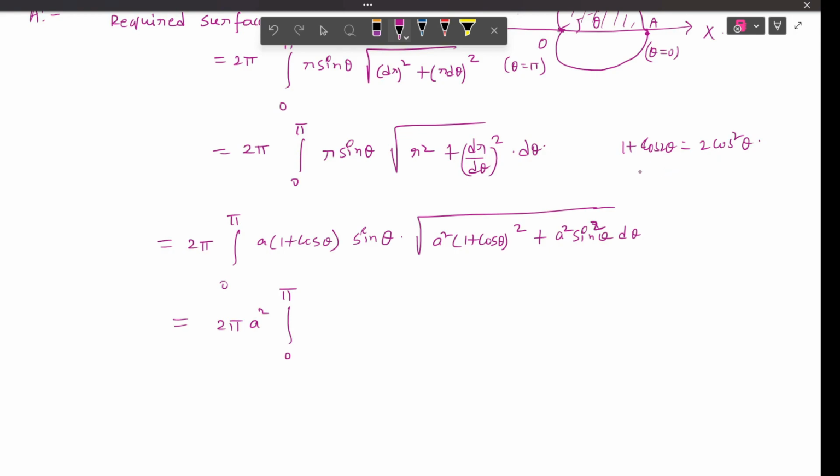So if we have cos theta here, we will have theta by 2. So it will be 2 cos square theta by 2. So 2 and 2 it will be 4 cos square theta by 2. In sin theta we can write it as 2 sin theta by 2 cos theta by 2.